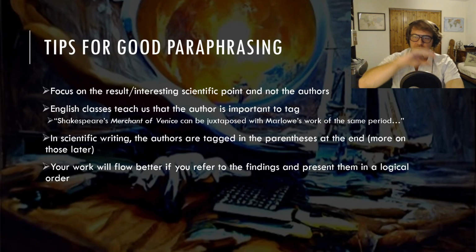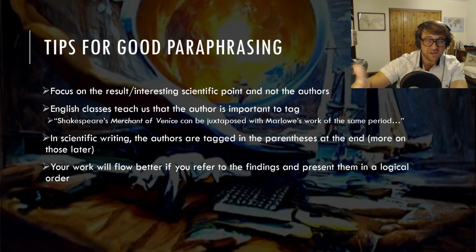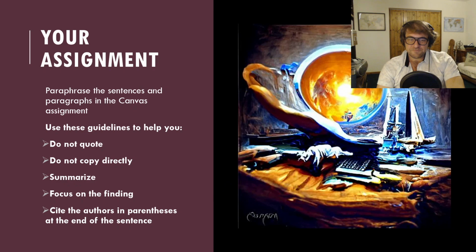You're just going to jump from one author to another author, and you don't know how they relate to each other, so it doesn't make a lot of sense. But if you can go from point to point, all of the points and the research and the findings are going to relate to each other. So it's going to feel a lot better. It's going to be easier for you to write. It's going to be more interesting for you to write because nobody cares about the authors of these things.